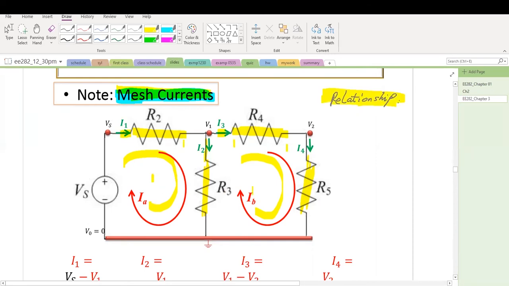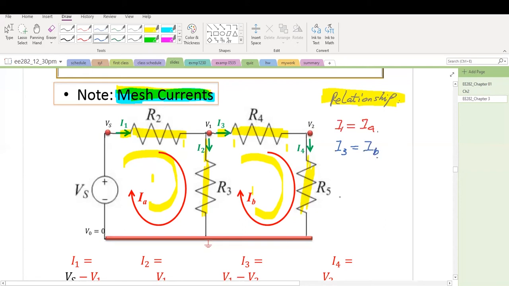Next, branch current I1 actually equals IA, the mesh current, because there's no other mesh connected to this branch. And then what is I3? I3 equals IB.